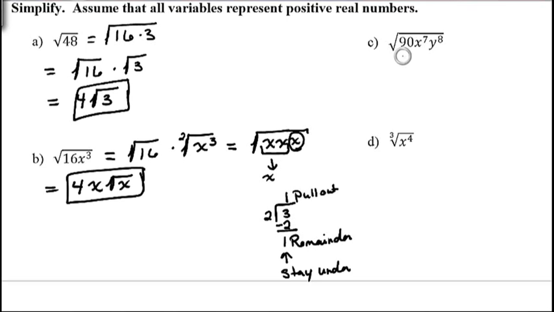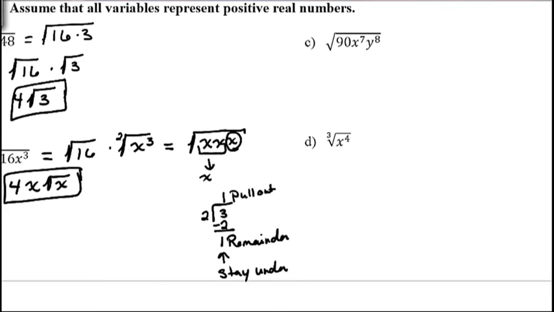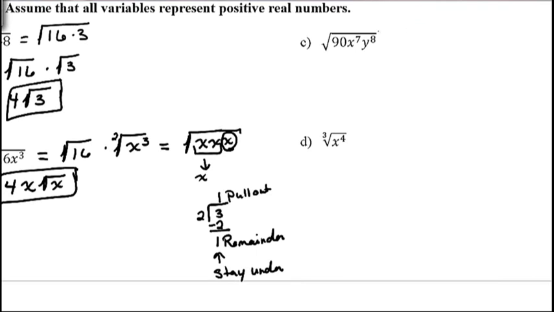Here we have the square root of 90, x to the 7th, y to the 8th. And we can rewrite this, so we have 9 times 10, and then x to the 7th and y to the 8th.